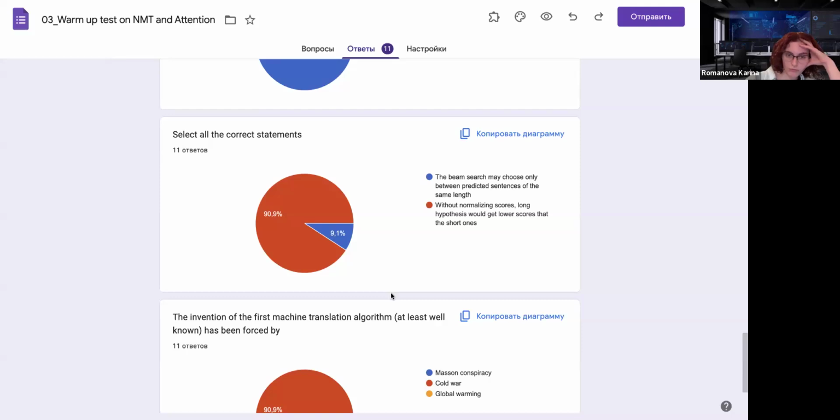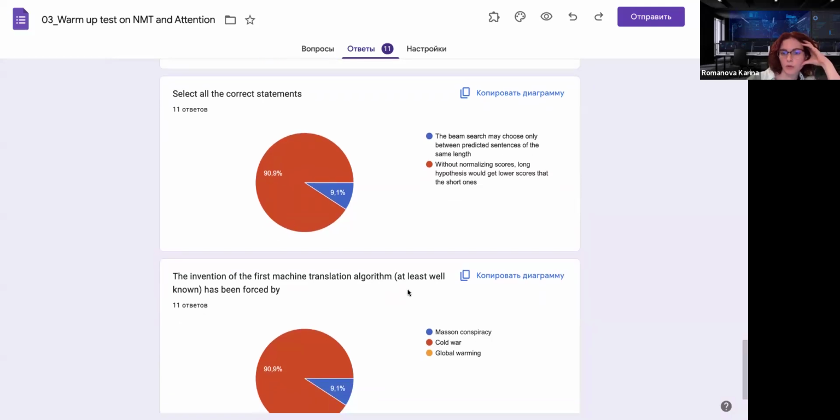Okay, the next question was about selecting all the correct statements. Here the correct answer is that without normalizing scores, long hypotheses would get lower scores than short ones, when using methods like beam search for generating sentences.